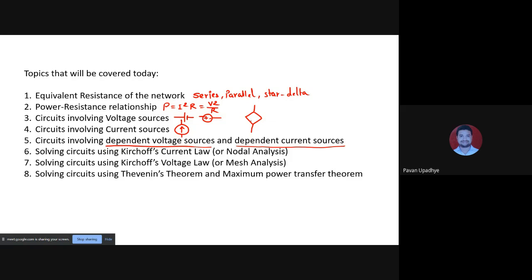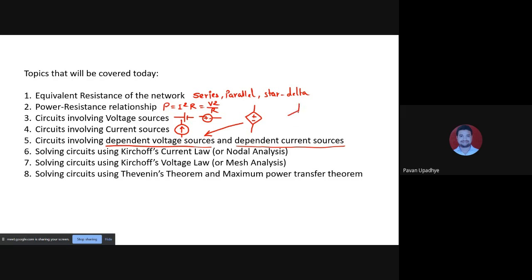If inside the dependent source you see polarities plus and minus, then it is a dependent voltage source.